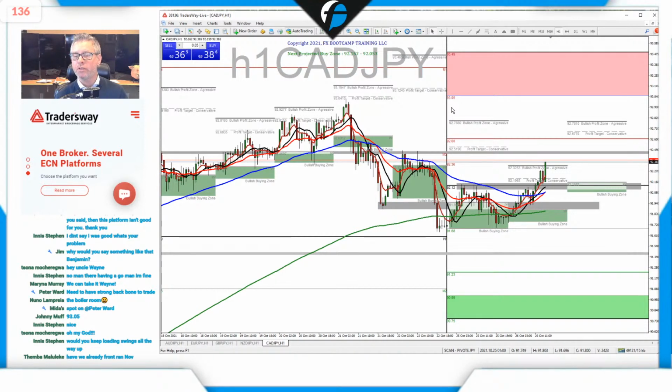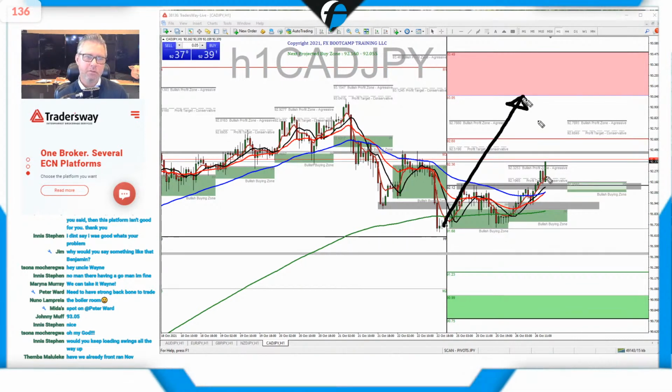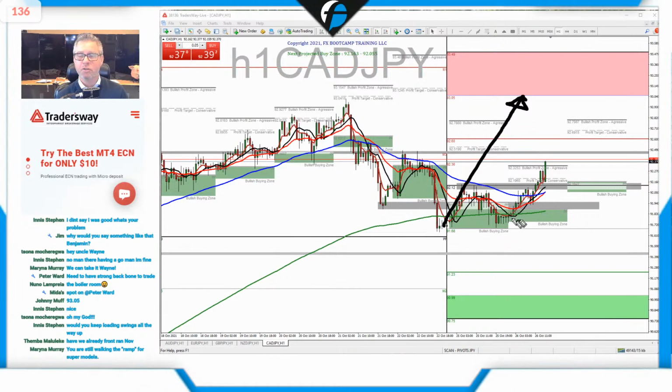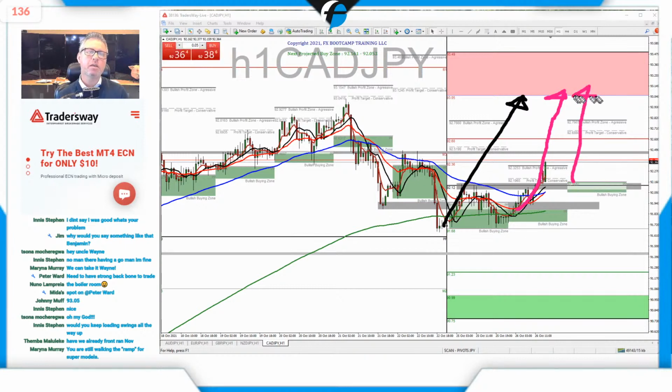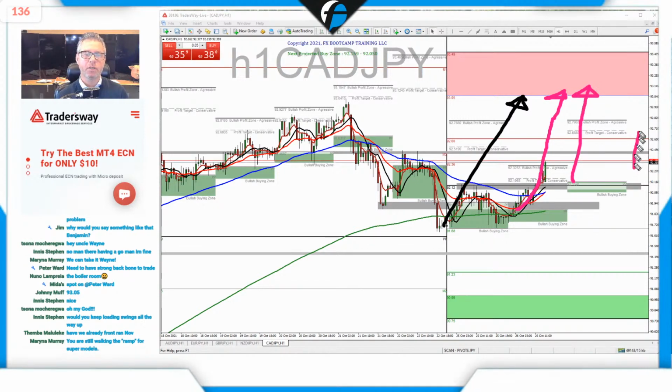Would you keep loading the swings all the way up? Now, you say swings. This is the only swing there is. That's the only swing. The next one is a day trade and a day trade. And I know this is what you meant, but I have to be clear.